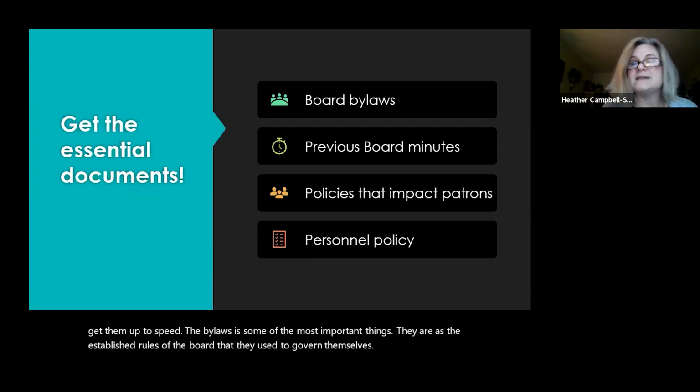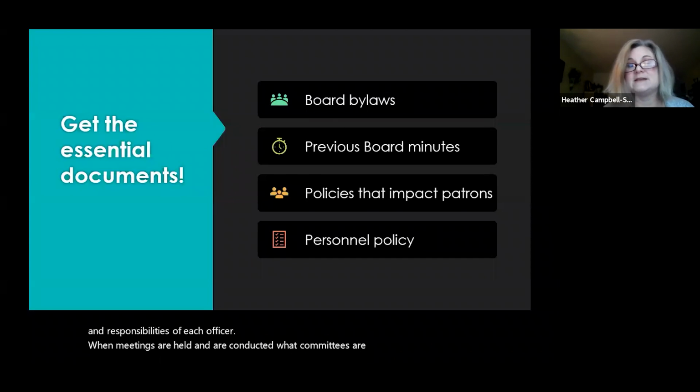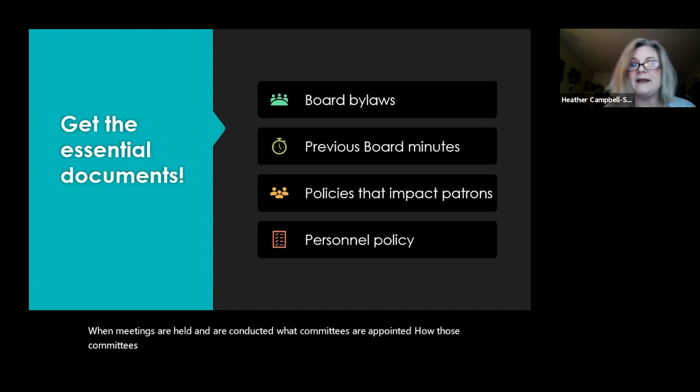The bylaws include information on how the board officers are elected and the powers and responsibilities of each officer, when meetings are held and conducted, what committees are appointed, how those committees are appointed, and what each committee does. It should also include how the bylaws can be amended if things need to be changed.